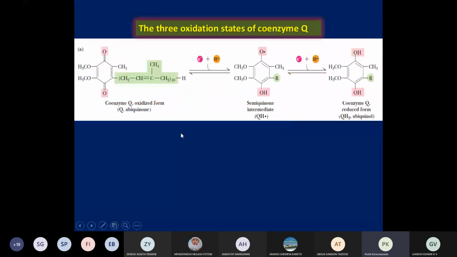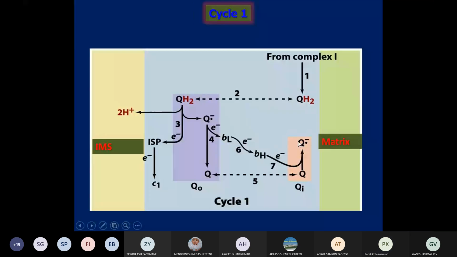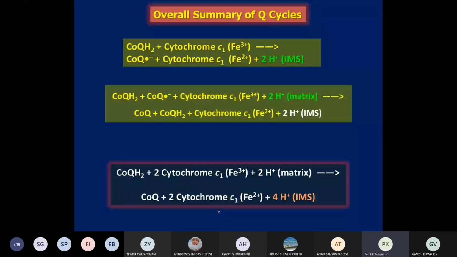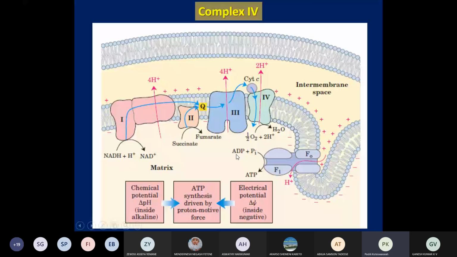This is given step by step in the diagram, and you can go through it later. So the net reaction is that 4 protons are translocated when the ubiquinol is oxidized in the electron transport chain.